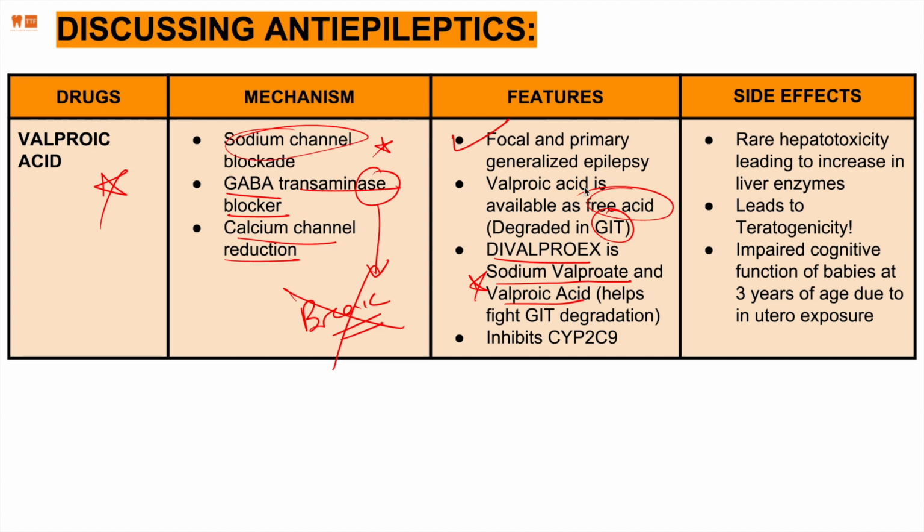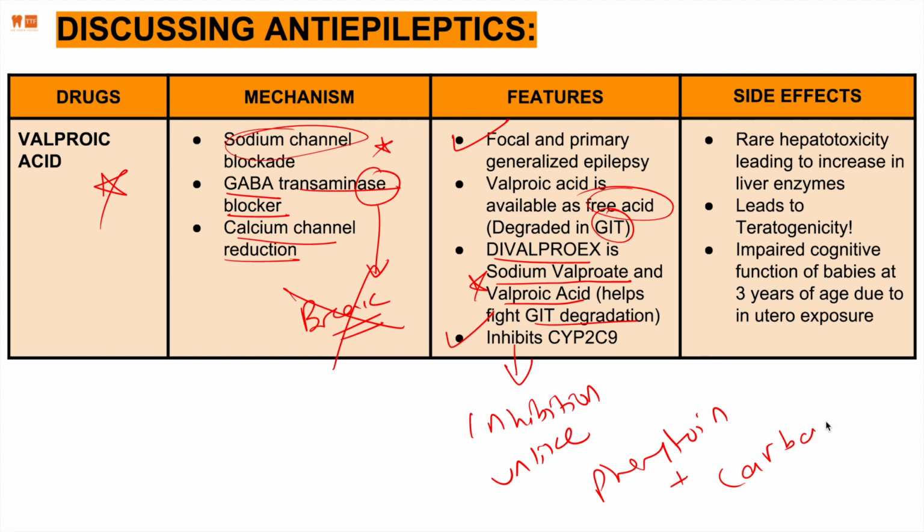Because valproic acid being a free acid degrades in the GI tract, the sodium valproate cover helps fight that degradation and increases its effects. And this also inhibits CYP2C9. Again, this is inhibition of liver enzyme, unlike phenytoin and carbamazepine, opposite of those two drugs.